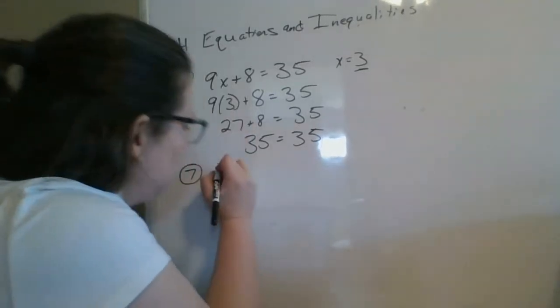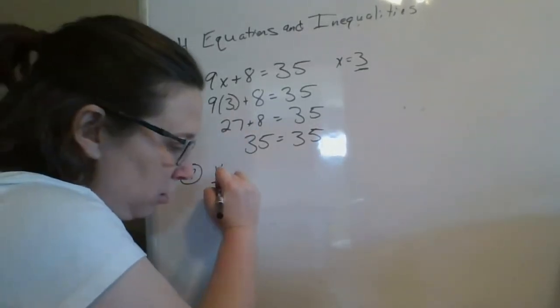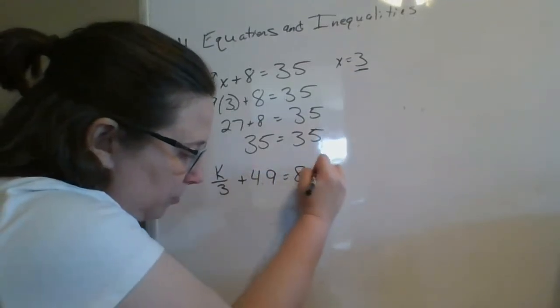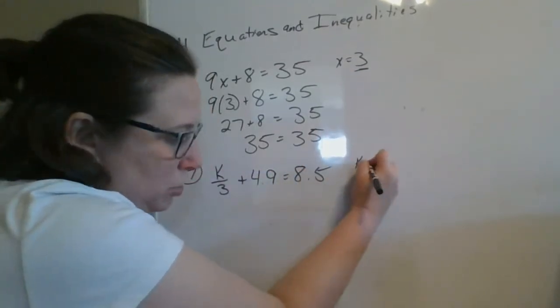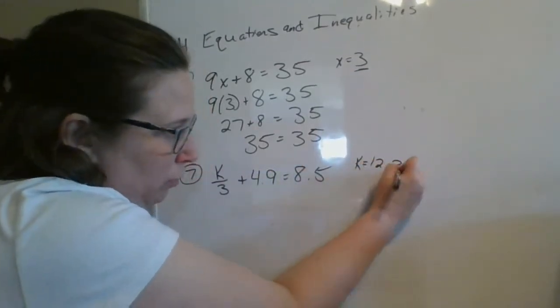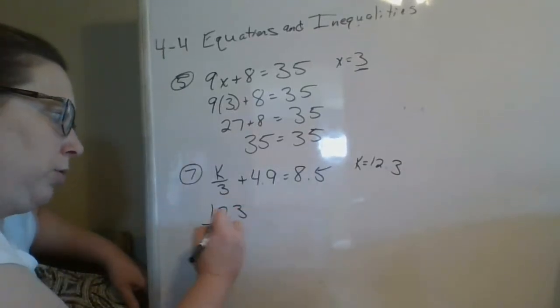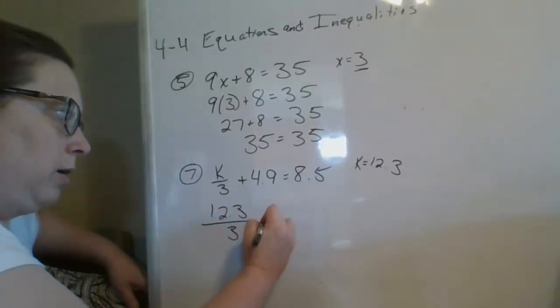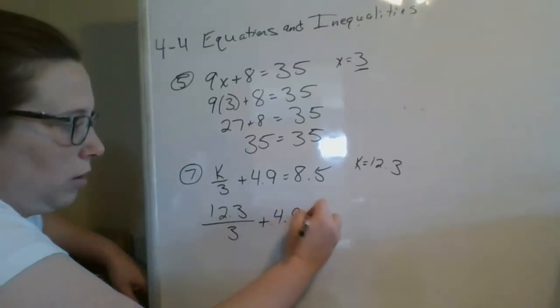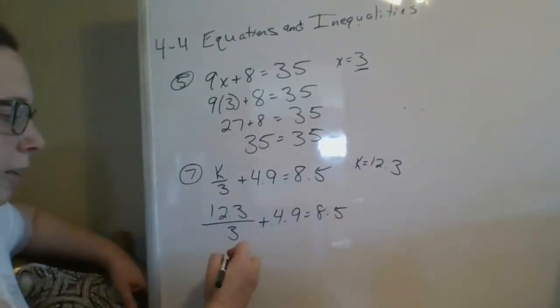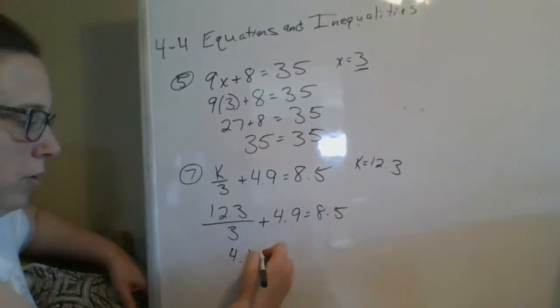The next one we're going to try here is number 7. And they tell us to try it for k equals 12 3/10. So we're going to go ahead and plug that in anywhere there's a k. And we need to divide that out. It should be 4 1/10.